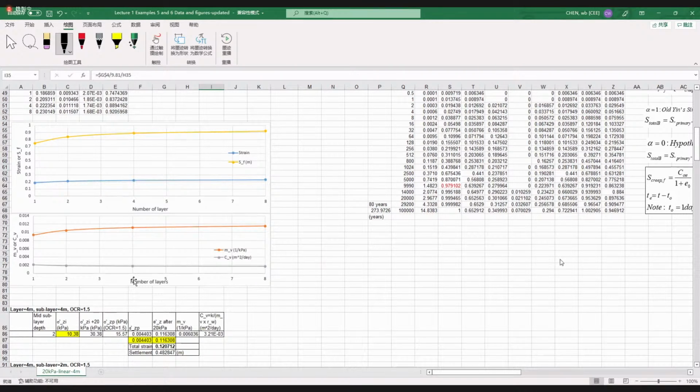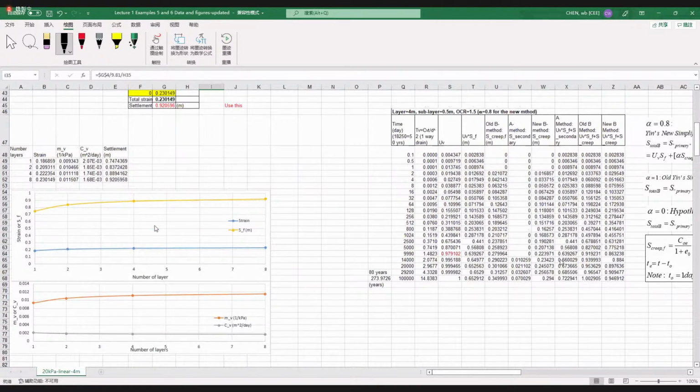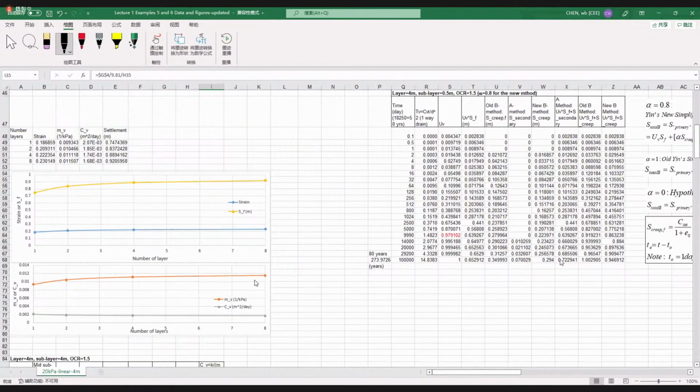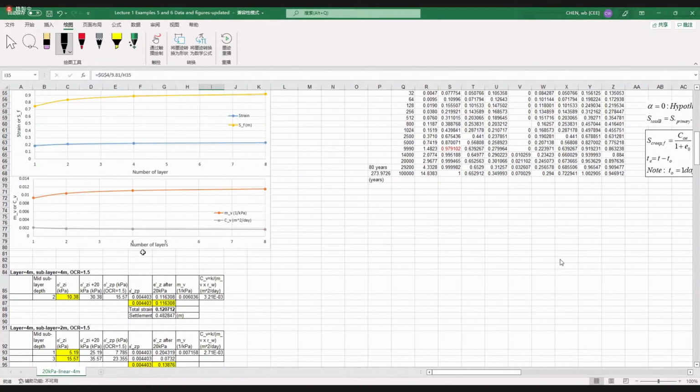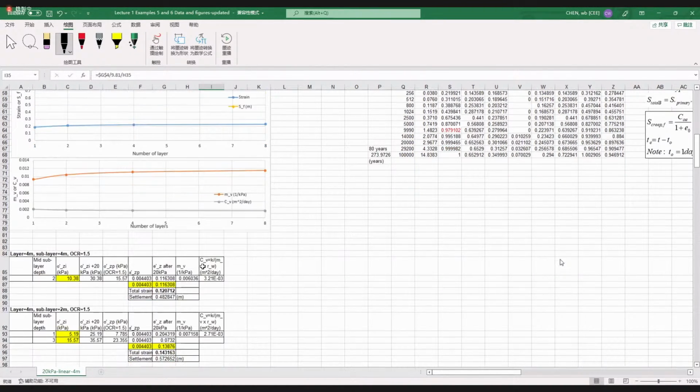If the thickness of each layer is around 0.5 or 1 meter, the accuracy becomes more acceptable, because the settlement result becomes almost stable. No need to do further division.